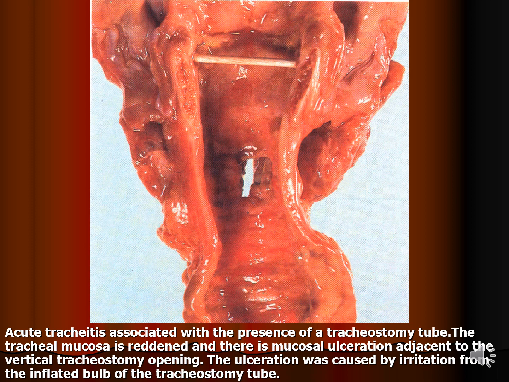And there is mucosal ulceration adjacent to the vertical tracheostomy opening. Here it is. So look, this is the opening and the tissues next to it with some tissue defects. The ulceration was caused by irritation from the inflamed valve of the tracheostomy tube.